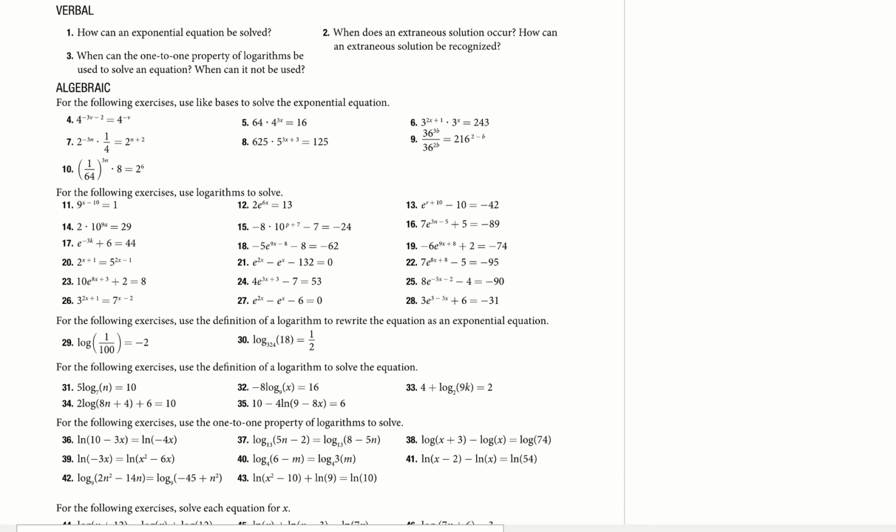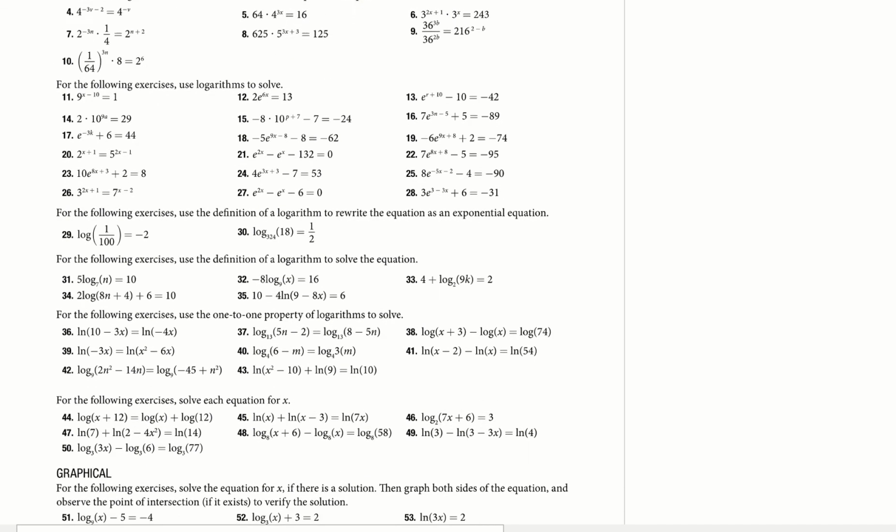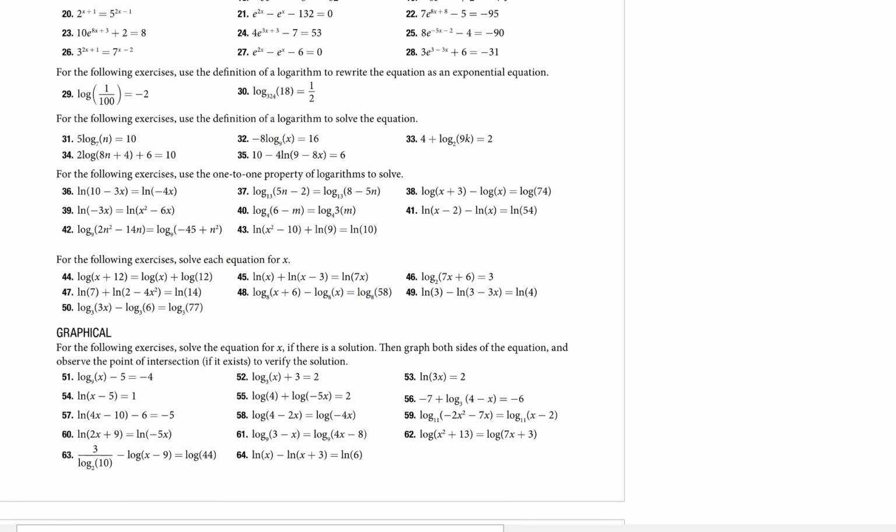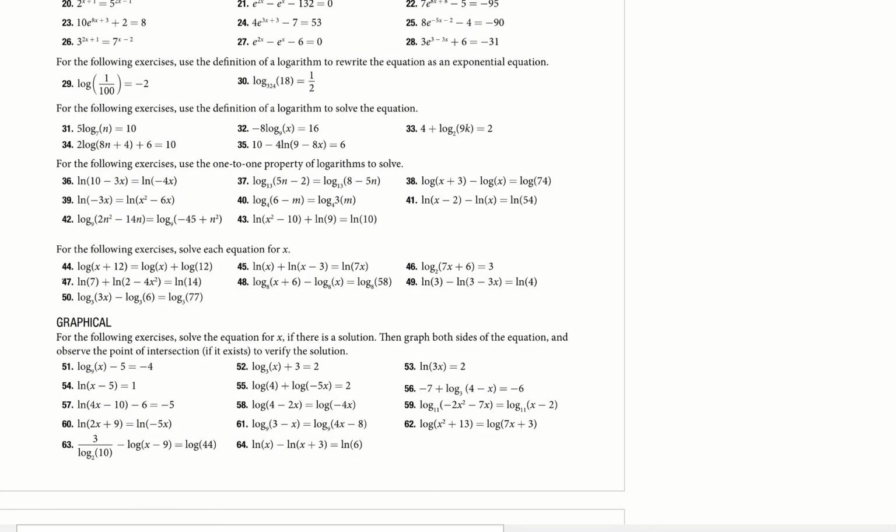I will do a couple of exercises. So let's pick, we will solve number 47. I'll do an example here. These are all mainly formulas. So ln of 7 plus ln of 2 minus 4x squared equals ln of 14.